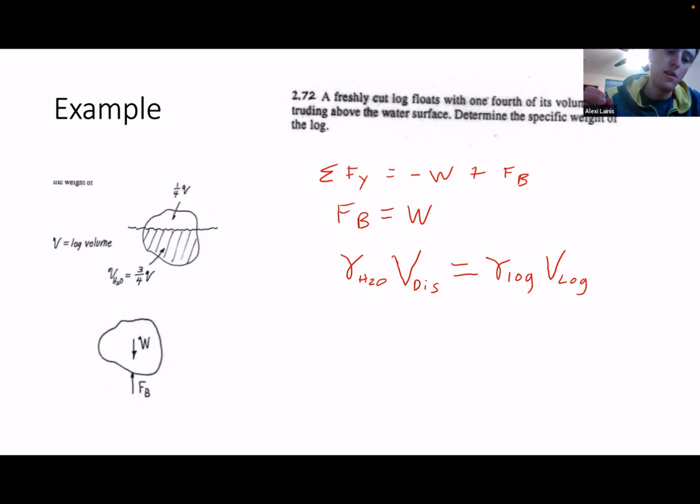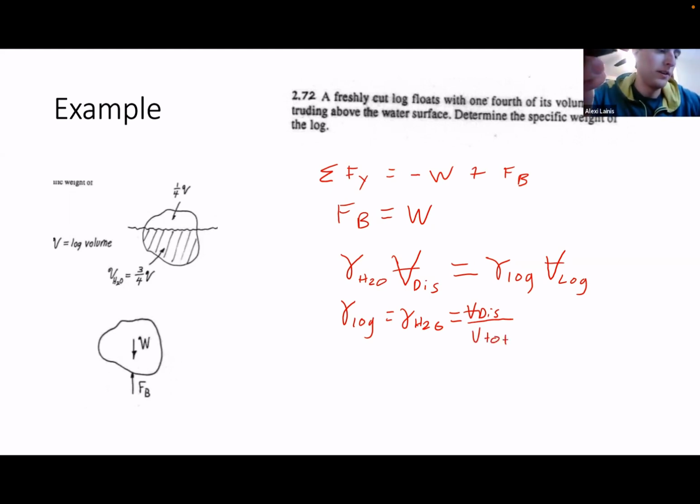If we rearrange this equation, we get that gamma log equals gamma H2O times the volume displaced divided by the volume total.